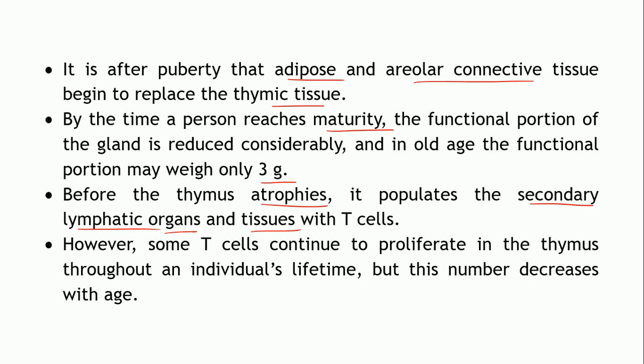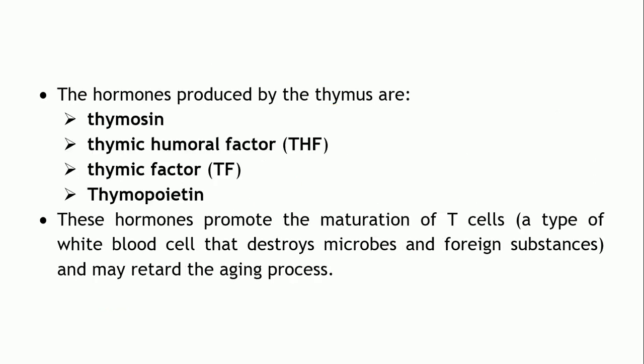But as the age progresses, very few T cells will remain in the thymus. They will continue to proliferate for the lifetime, but the number goes on decreasing with the age. So as the age progresses, the lymphoid tissue within the thymus gland goes on reducing. So the functional portion is going on reducing.